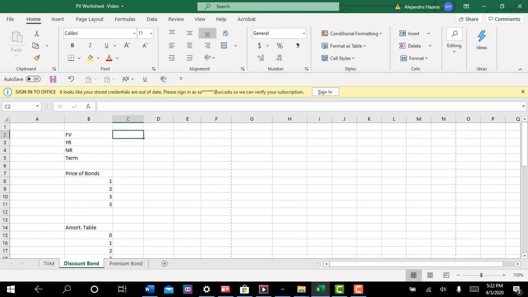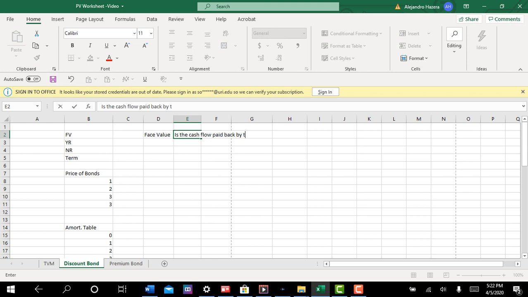Now, we call the lump sum face value. This FV stands for face value. And face value is the cash flow paid back by the company at the end of the bond term.